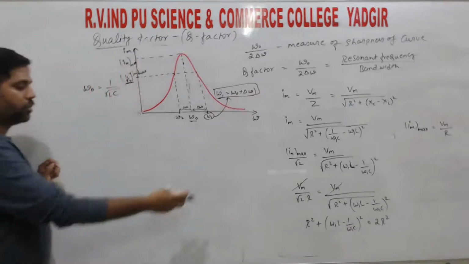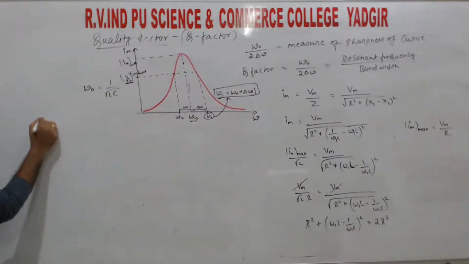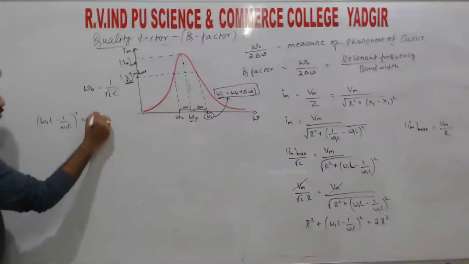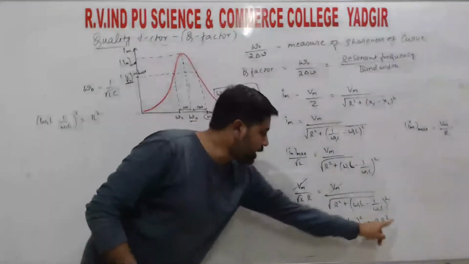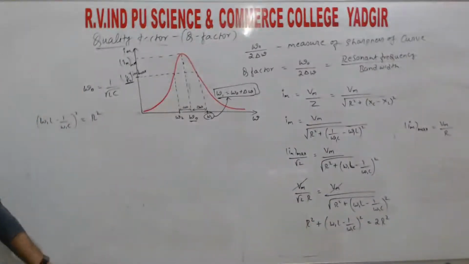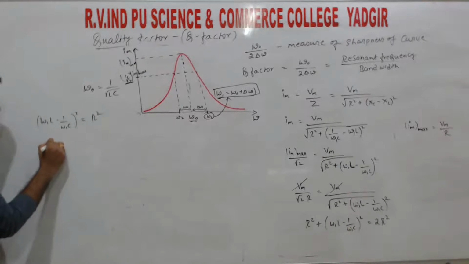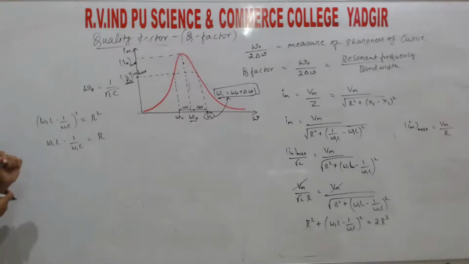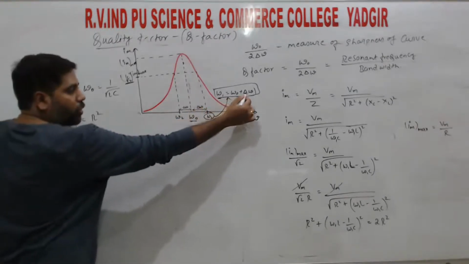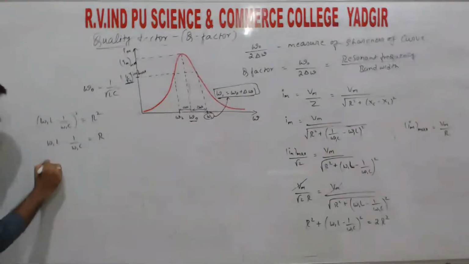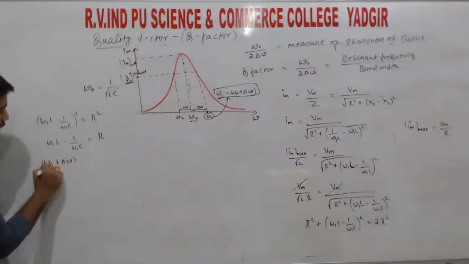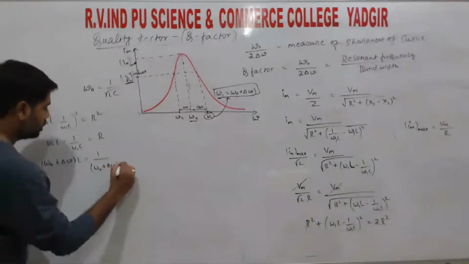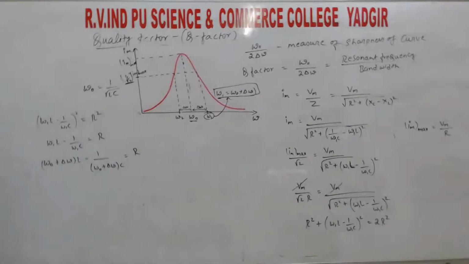Taking square roots on both sides, omega 1 L minus 1 by omega 1 C equals R. Substituting omega 1, (omega naught plus delta omega) into L minus 1 divided by (omega naught plus delta omega) into C equals R, right?